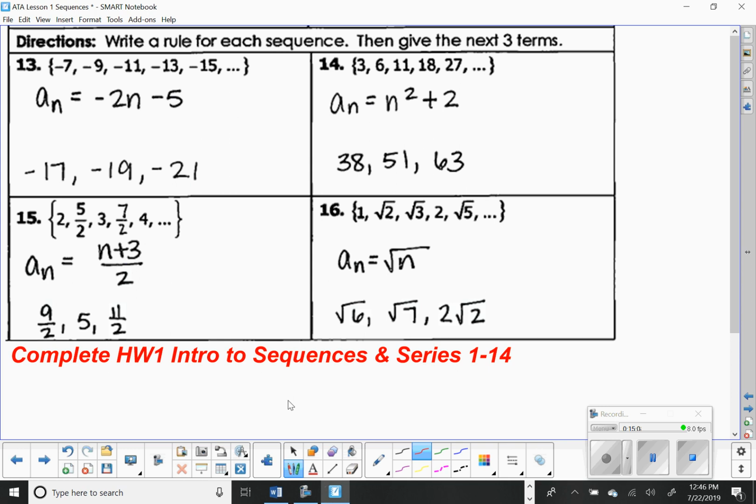So, homework 1, you want to do the first 14 problems, only 1 through 14. When you get to 15, it starts working on partial sums of a sequence, which means it's a series. So only 1 through 14. Right?